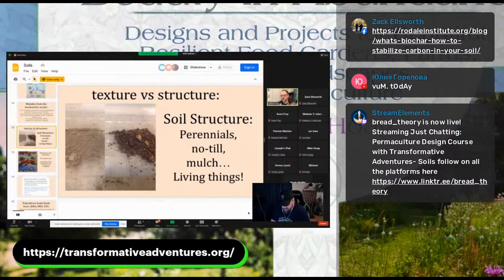So perennials build soil structure, not tilling the soil. When you till the soil, you kill everything. The soil structure is completely destroyed with one tilling, and then you're back to just clay. Mulch. Deep mulch builds amazing soil structure. Other living things build soil structure. So if you have clay soil and you want to grow a better garden, clay soils will make an amazing garden if you use lots of perennials, no-till, mulch, and keep life always flowing on that garden bed.